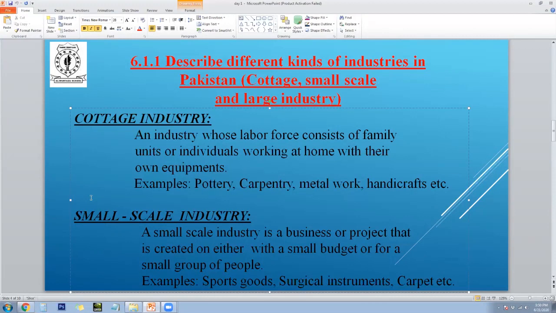The owner usually works along with family members from home with his own tools or equipment, and they do not usually work on machines like the small scale or large scale industries. They learn it from their ancestors, right? Examples are pottery, carpentry, metalwork, and handicrafts.